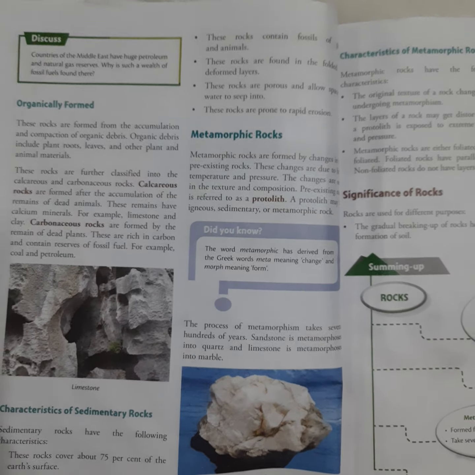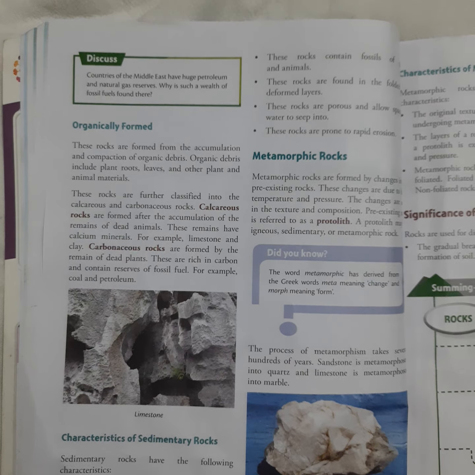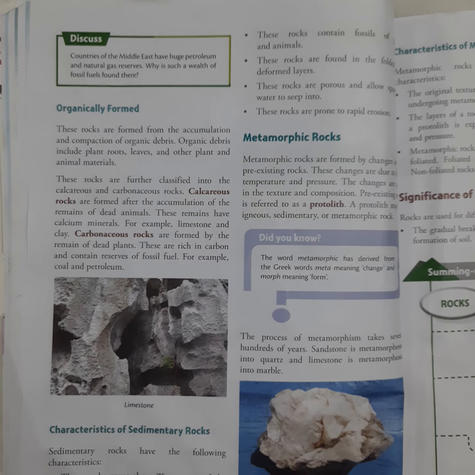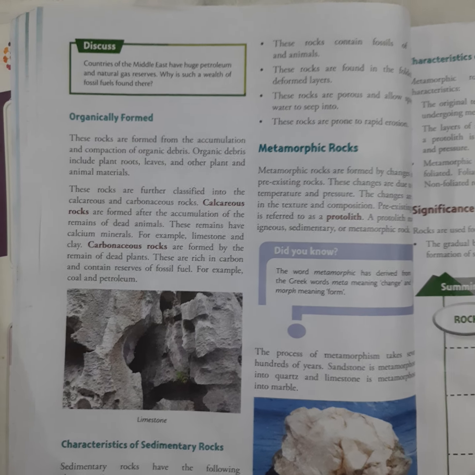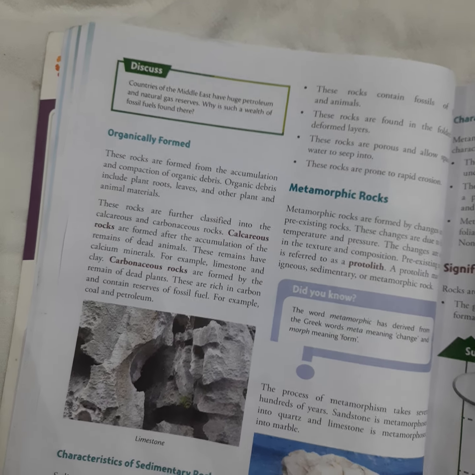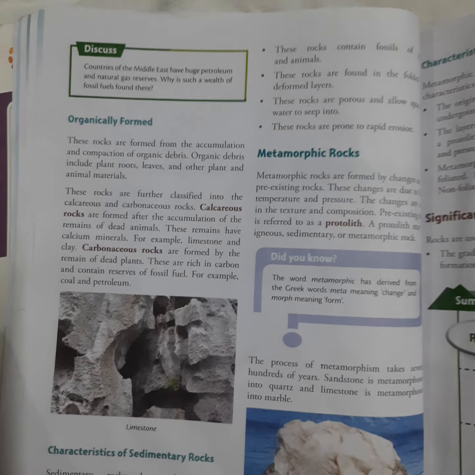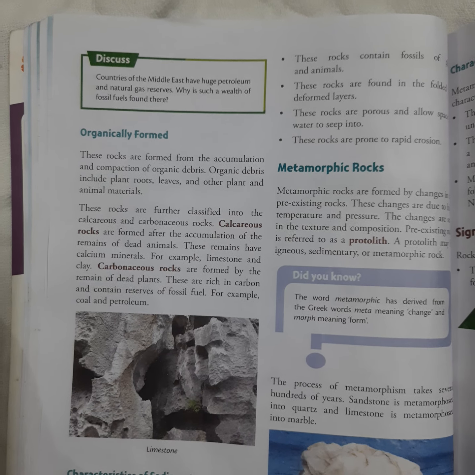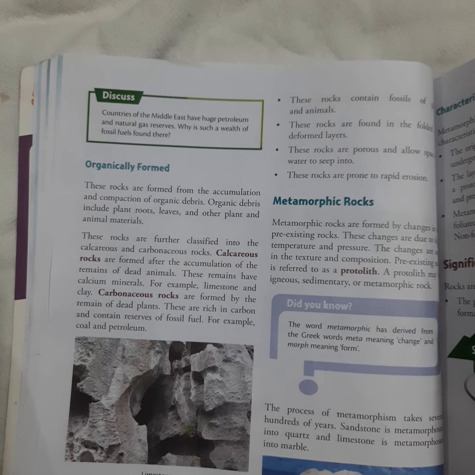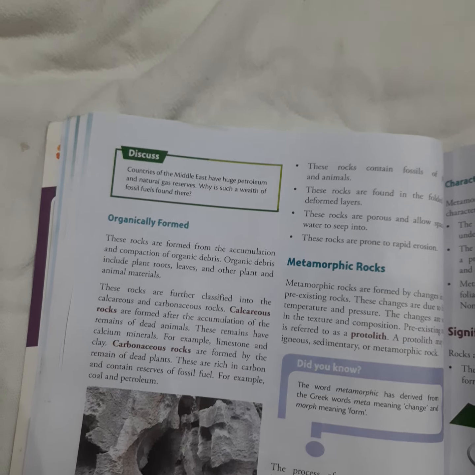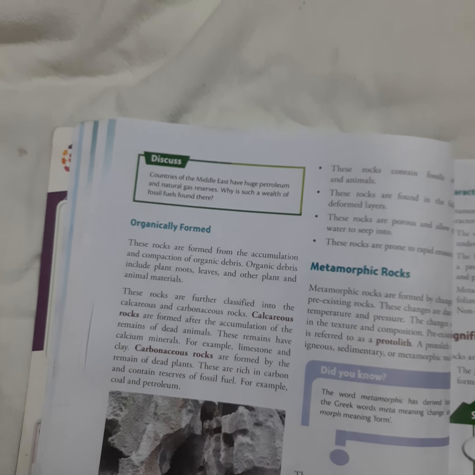Metamorphic rocks. Metamorphic rocks are formed by changes in the pre-existing rocks. These rocks are formed due to high temperature and pressure. The changes are seen in the texture and composition.